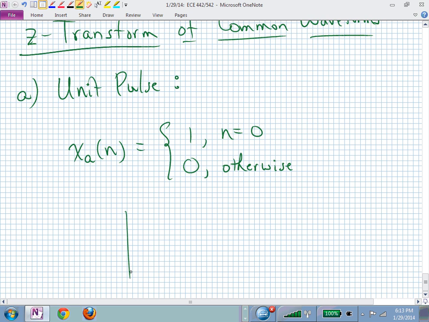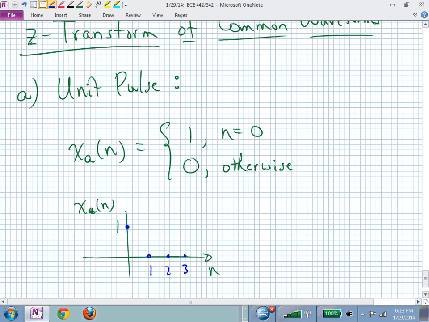As far as a time picture, I meant that to be blue. That's what this unit pulse looks like.